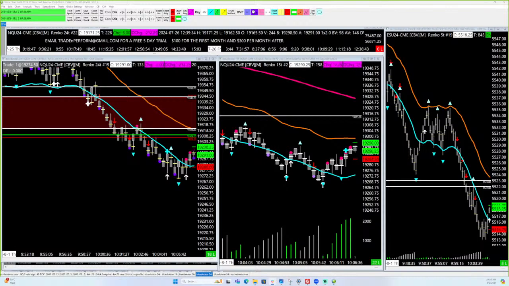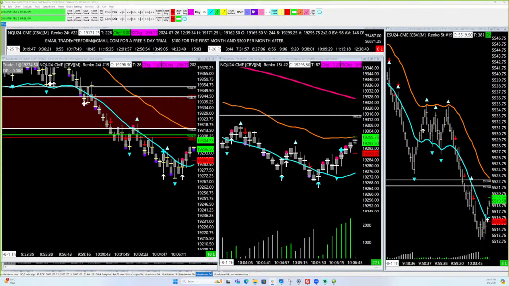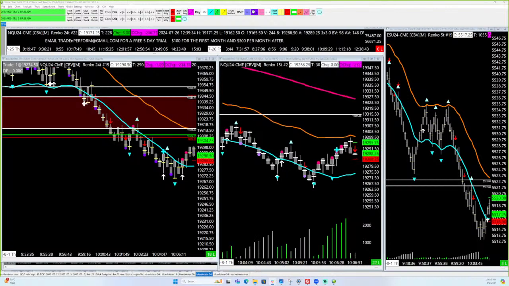Down 40 in ES. So half of what we were up yesterday, almost, and a third of what we were up on NQ. But I don't know how else to respond to that. Like, that's crazy.